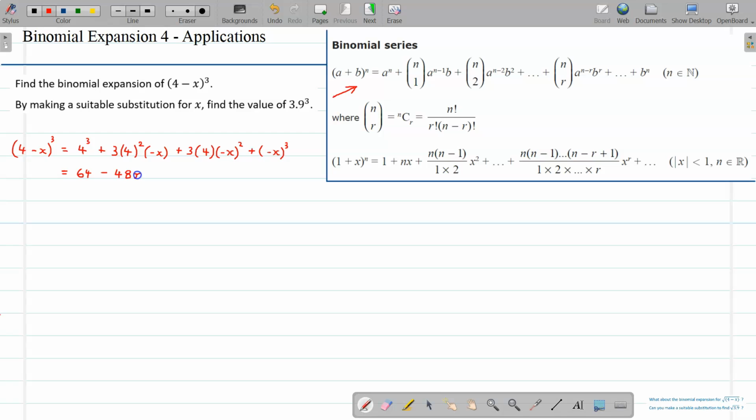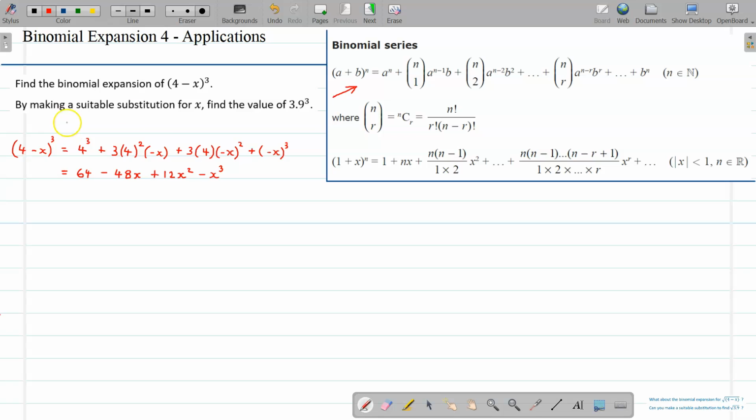The third term is going to be a plus because it's minus x squared, so that's x squared and it's 12, so it's going to be plus 12x squared. And finally I've got minus x cubed because it's an odd power, so it preserves the minus sign. So that's the simplified binomial expansion of 4 minus x all cubed.